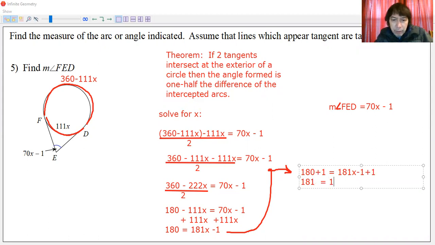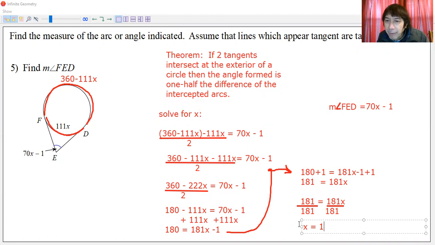And so we will divide both sides by 181. So our x is just 1. X is equal to 1. All right, we found our x.